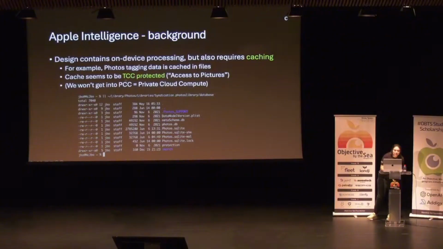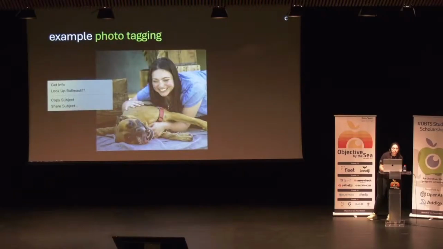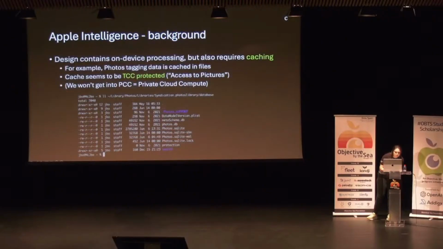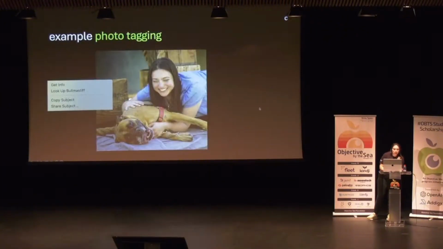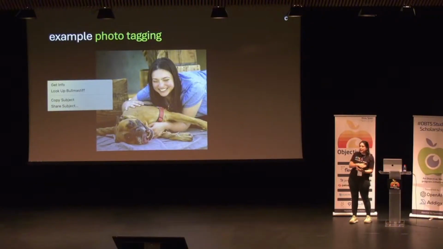But this is essentially the structure and all of the potentially super interesting files. These things change across different operating systems, so we'll tell you which one is most important. But I wanted to talk a little bit more about photo tagging, because in pre-Apple Intelligence, they did have facial recognition for specific people. It had pet recognition for specific pets.